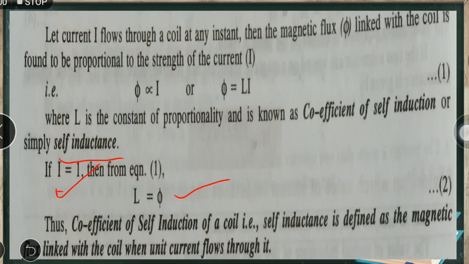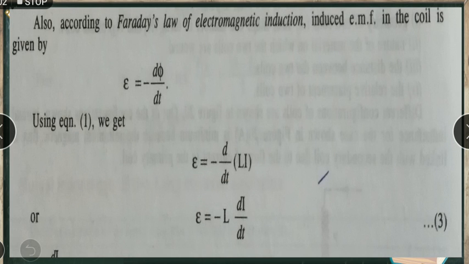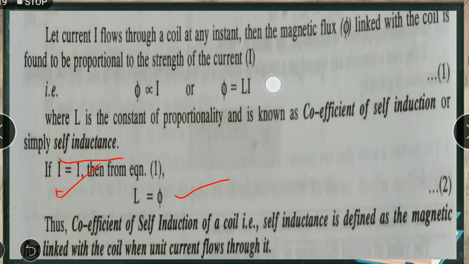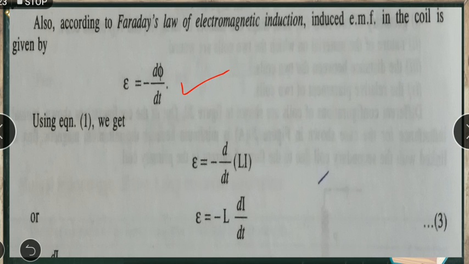Next, we know that according to Faraday's law, E is equal to minus d phi by dt. E is equal to minus d phi by dt. Using equation 1, which is that equation 1 here? It is phi is equal to LI. Substitute that equation, in the place of phi, substitute phi equal to LI.